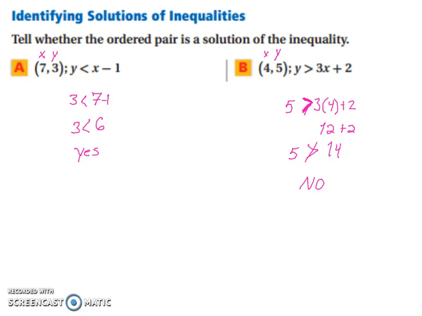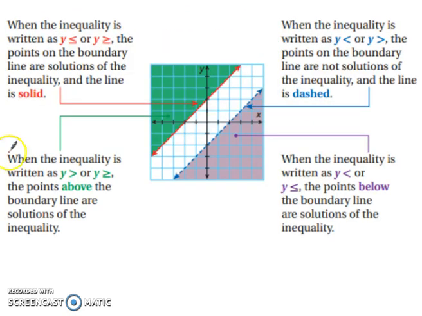Now let's look at some of the pieces we need for graphing. When the inequality is written as y is less than or equal to, or y is greater than or equal to, the points on the boundary line are solutions of the inequality, meaning those values will make a true statement. So it's going to be a solid line.